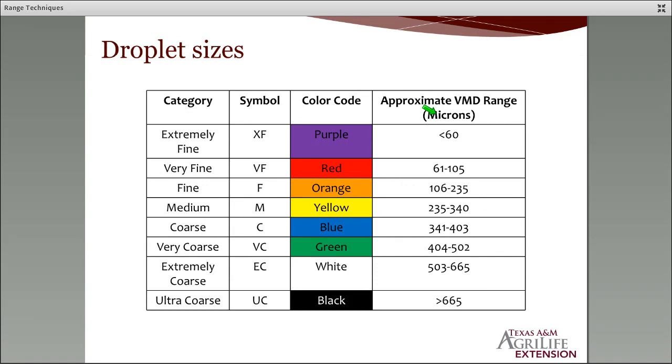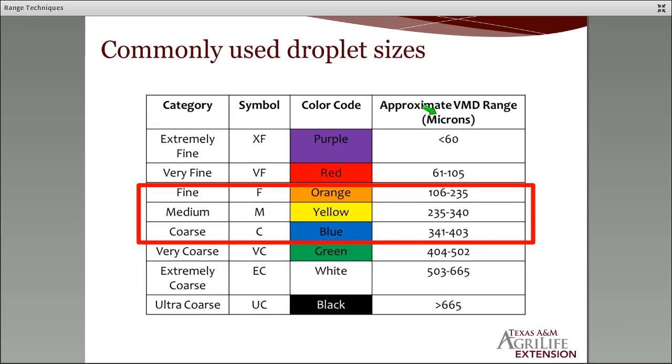Something else to keep in mind, the color of the nozzle impacts a lot about the size of the droplet. Every nozzle manufacturer uniformly color codes their nozzles. If we look at this right here, most of our range and pasture weed and brush control nozzles are on this orange, yellow to blue stage.